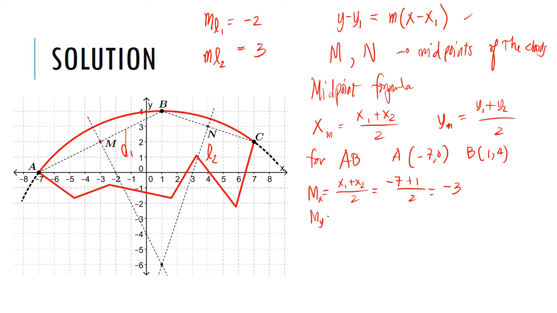The y-coordinate of point M is y1 plus y2 all over 2. That is actually equal to 0 plus 4, okay, this is my x1, y1, and x2, y2, divided by 2. That is 0 plus 4 is 4. 4 divided by 2 is 2. Therefore, the coordinates of point M is -3, 2, which is clearly shown in the graph.